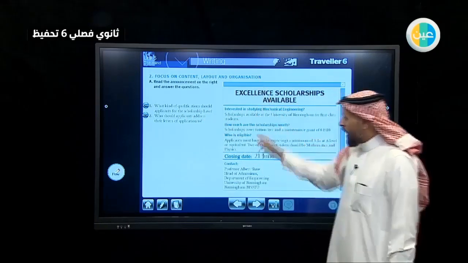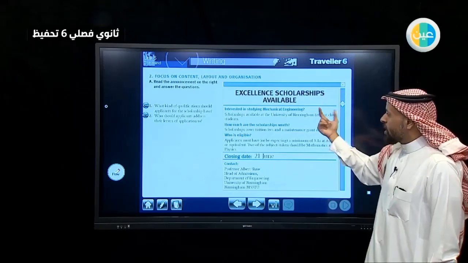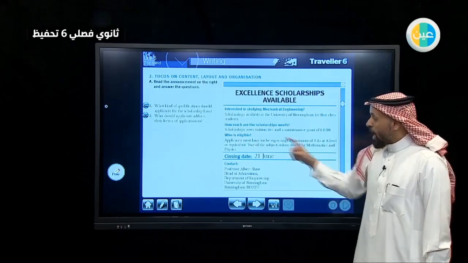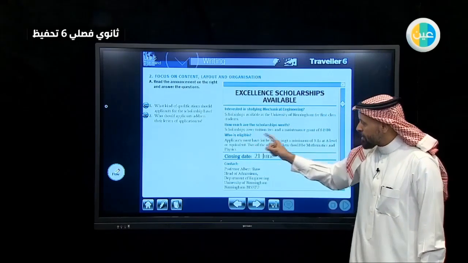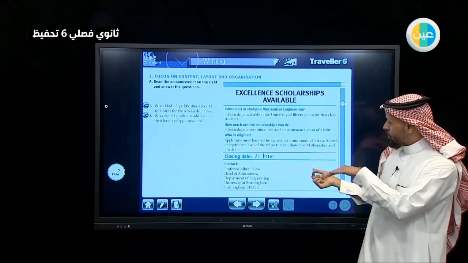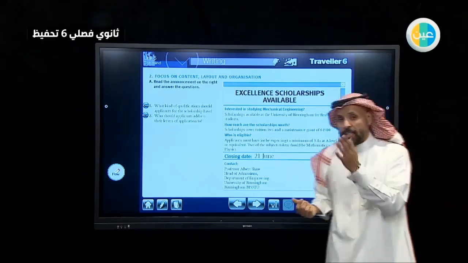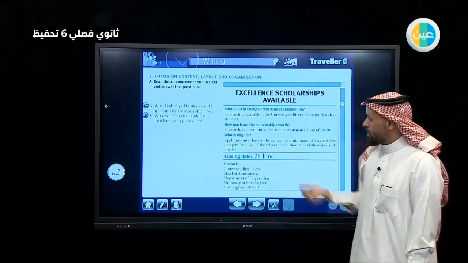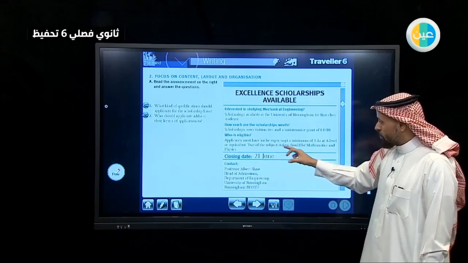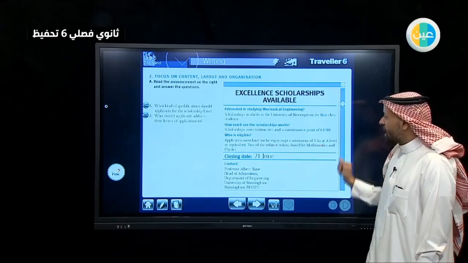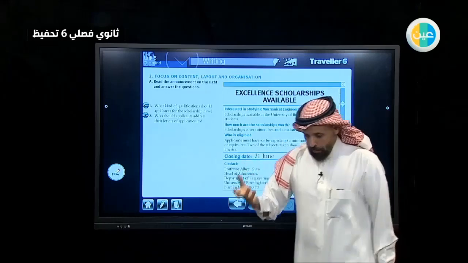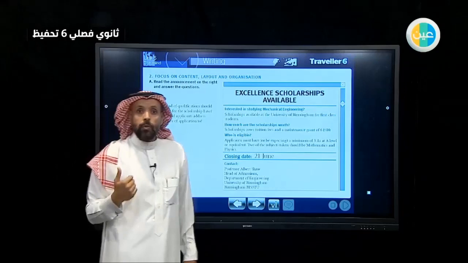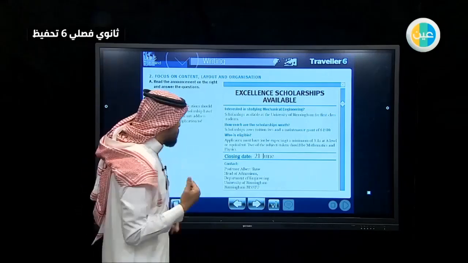If you read again, you will see the qualifications of the one who is eligible. Applicants must have a minimum of 3 A's at A level or equivalent, and also two of the subjects taken should be mathematics and physics. Now, you're in secondary school in Saudi Arabia, you are taking physics and mathematics.